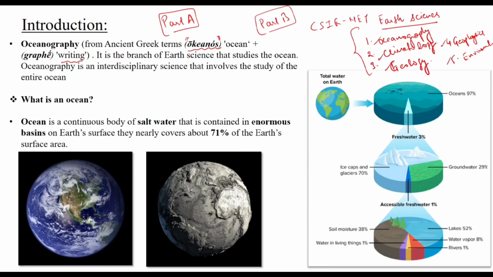But from oceanography, very limited questions are there, and other subjects, very limited questions. You can see the record for CSIR-NET: every time, the toppers are from the geology branch only. Even in the top 10, the students are from the geology branch only. I haven't seen any person from marine geology or an oceanography batch topping this exam. I'm just telling you the facts, that you have a clear advantage over other branches also.